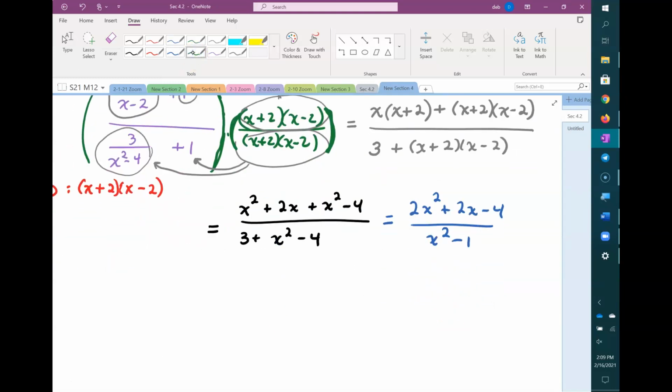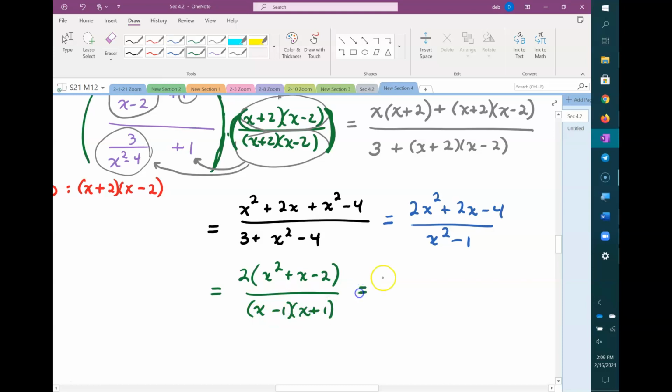So now I need to see if I can simplify any more. So I'm going to factor out a 2, the greatest common factor, and get x squared plus x minus 2 over, we know this factors as a difference of squares.